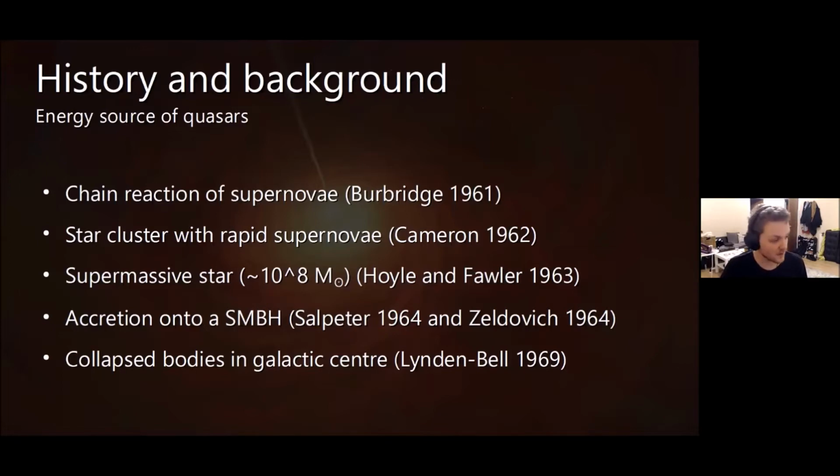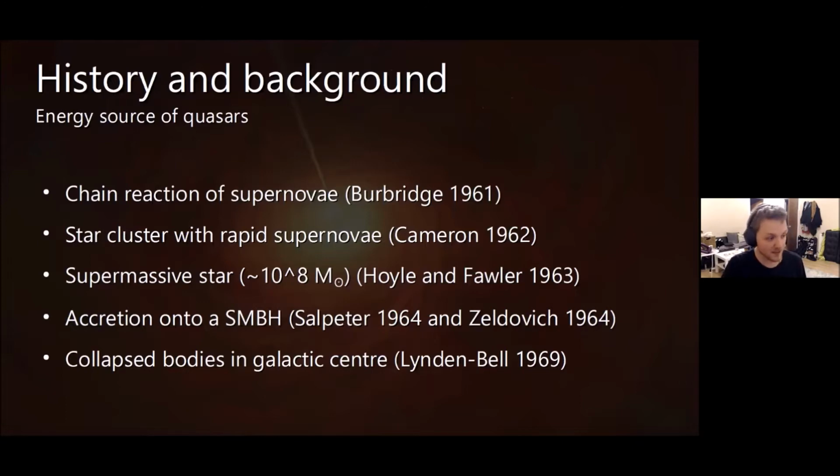It didn't receive too much attention, but then Donald Lynden-Bell took this argument even further and said it is sort of expected that we have a supermassive black hole at the center of a galaxy, and if there were accretion onto this supermassive black hole, that could account for these very bright objects that we see.